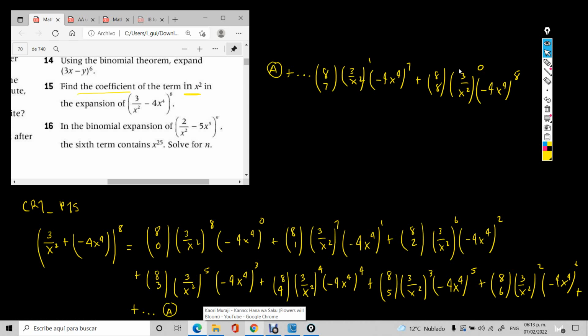Okay, guys, so here's the full expansion. Let me tell you what I did. This is the binomial to the 8 equals this, which is the first term, plus the second term, plus the third, plus, and so on.